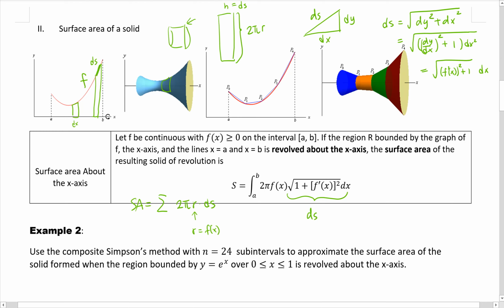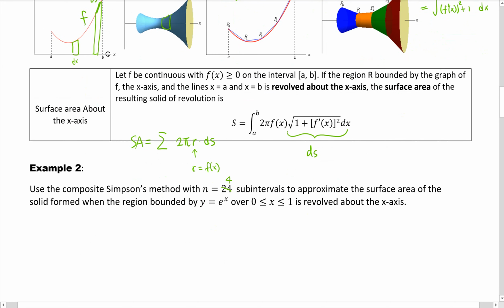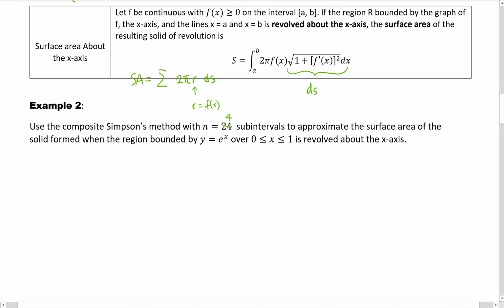Use composite Simpson's method with n equals, let's do 4 in class, but with MATLAB we can do as many as we want. Let's do 4 subintervals to approximate the surface area of the solid formed when the region bounded by e to the x over 0 to 1 is revolved about the x-axis.